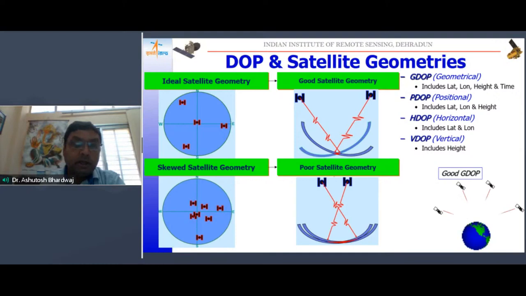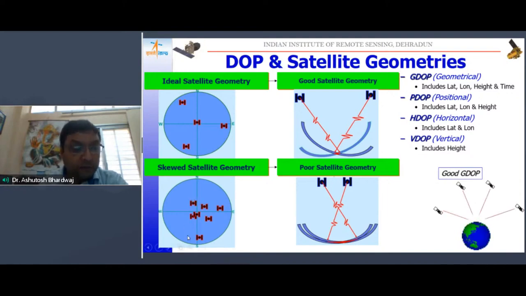When we create the spheres which we need to intersect to do the trilateration and finally locate the position of the receiver, the uncertainty is less. So this provides us a good dilution of precision. It is like a root mean square error, what we use in our day-to-day statistics. However, this DOP is a unitless number, and if the DOP is low, then we have higher accuracy.